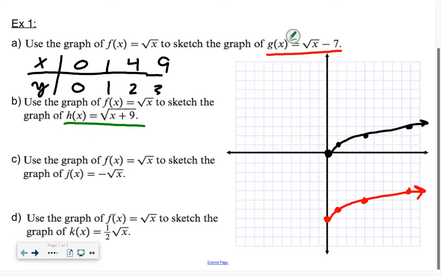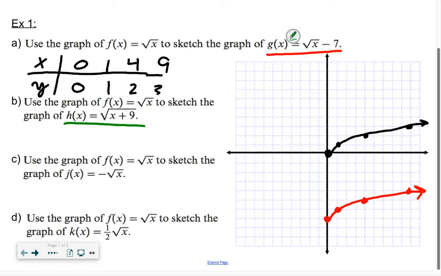Let's try this h of x. Again, going back to the original, square root of x plus 9, where the plus 9 is now on the inside. Now what is this plus 9 going to do to our parent function? Horizontal or vertical shift? Horizontal, because it's on the inside. Now Spider-Man is inside the building. He can only move horizontally.